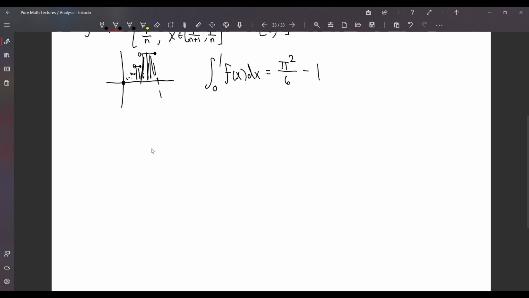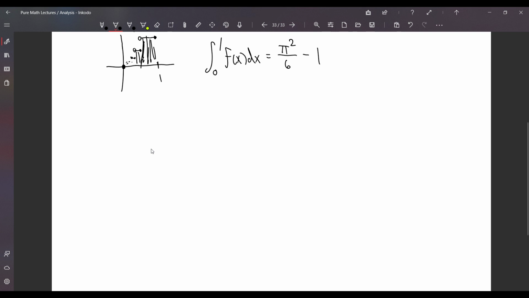Okay. The next thing to do is we have this result. If f is a continuous function on our interval [a,b], so we know from last time that if it's continuous, then it's Riemann integrable, but we're going to assume it's continuous for this result.